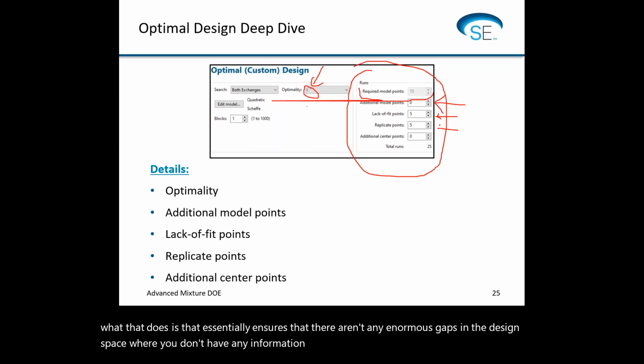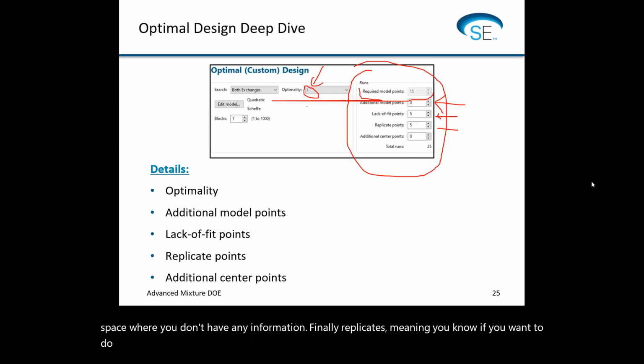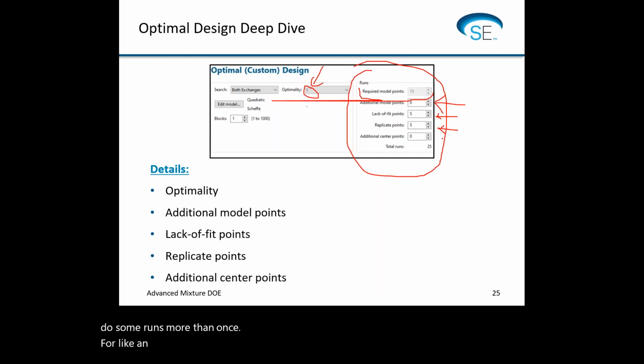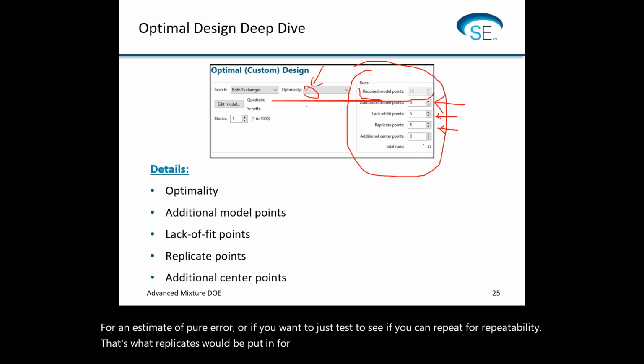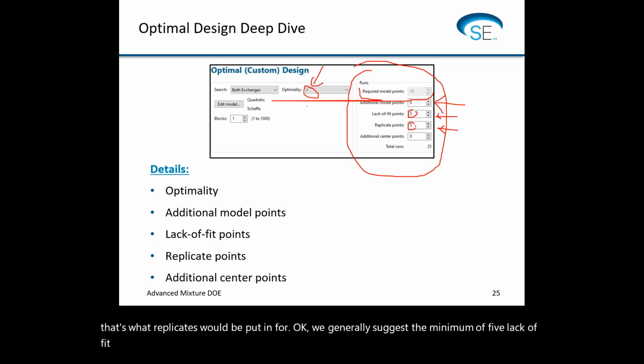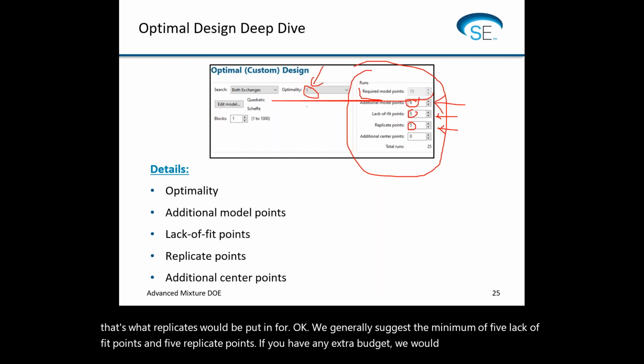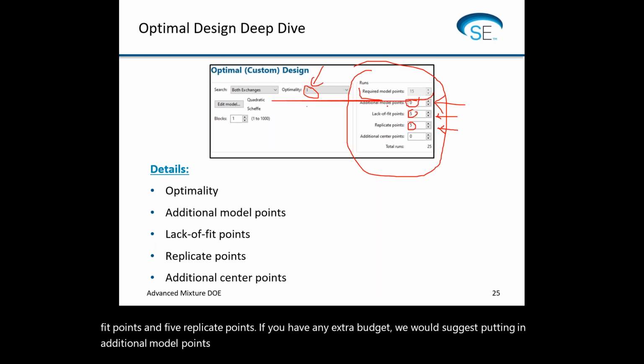Finally, replicates, meaning, if you want to do some runs more than once, for an estimate of pure error, or if you want to just test for repeatability, well, that's what replicates would be put in for. Okay, we generally suggest a minimum of 5 lack of fit points and 5 replicate points. If you have any extra budget, we would suggest putting in additional model points here.